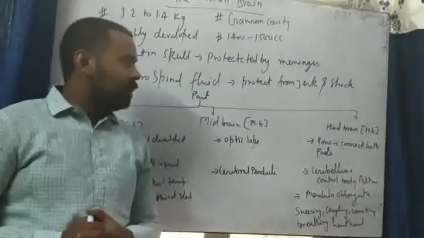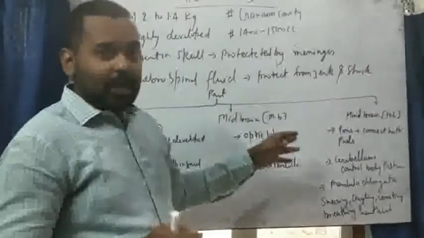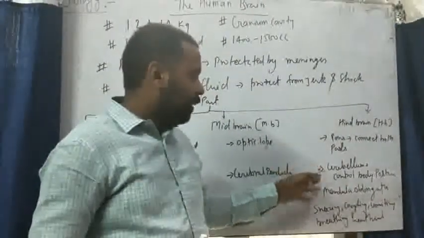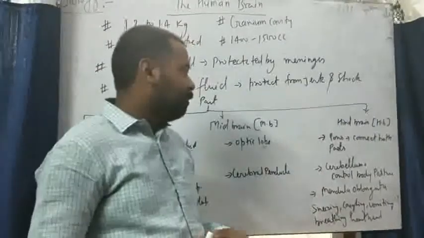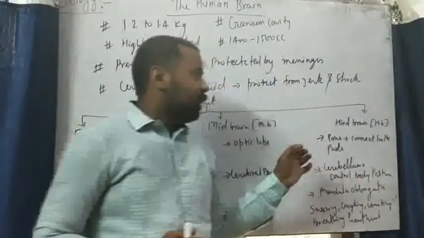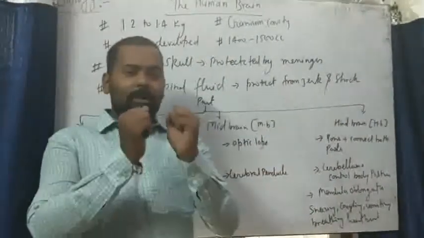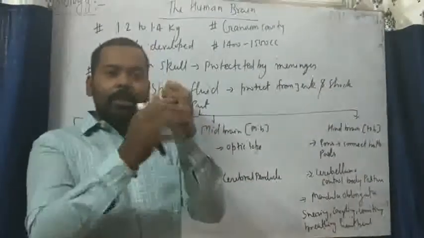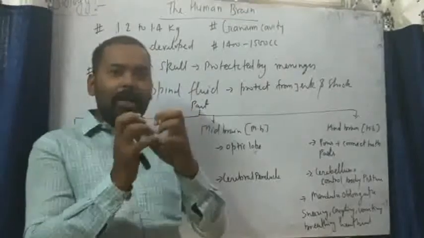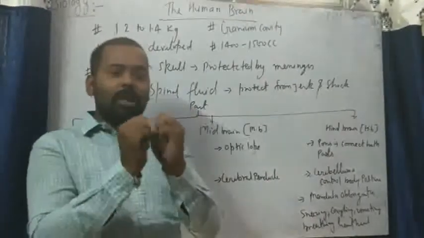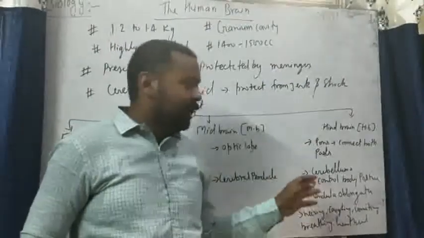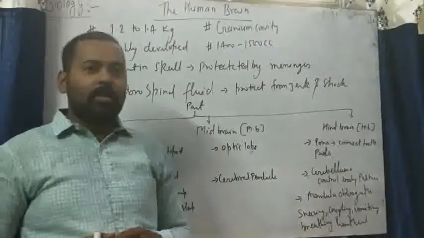And the third part is the hindbrain. It's the last part of the brain, having three parts: pons, cerebellum, and medulla oblongata. As you know, the brain has two hemispheres. The pons helps to join these two hemispheres and coordinate the impulses to both sides of the brain. The cerebellum controls the body posture.